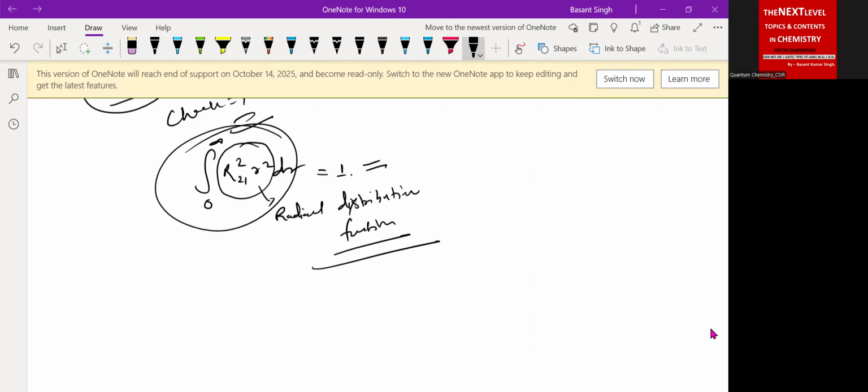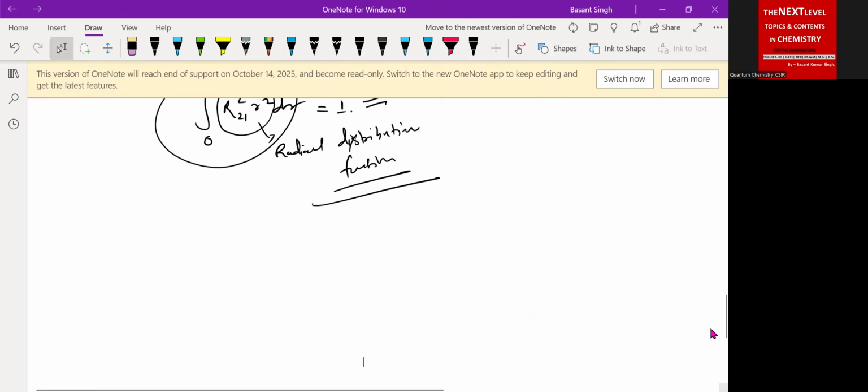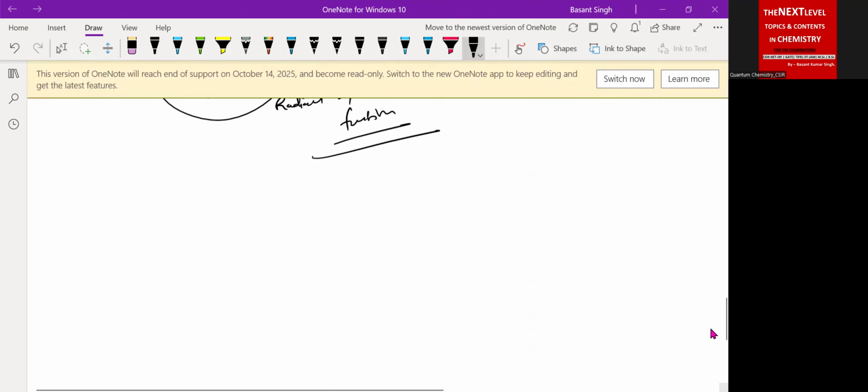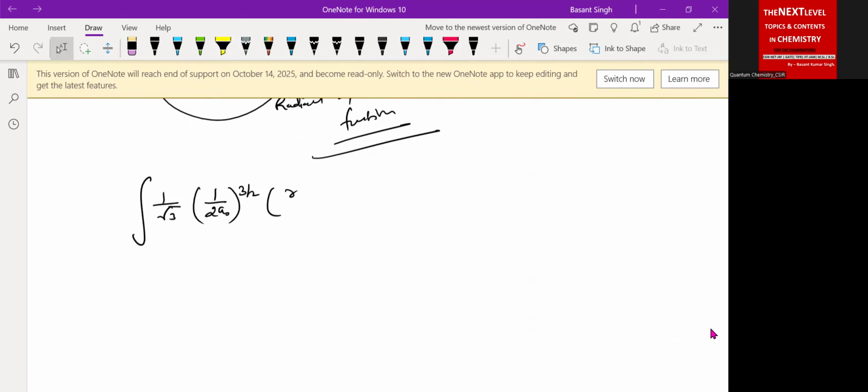Now we calculate R square for the 2p state. Hence R square becomes 1 by root 3. For simplicity, Z is 1, so 1 by 2a naught to the power 3 by 2, and r by a naught, and e to the power minus Zr by 2a naught, where Z is 1.